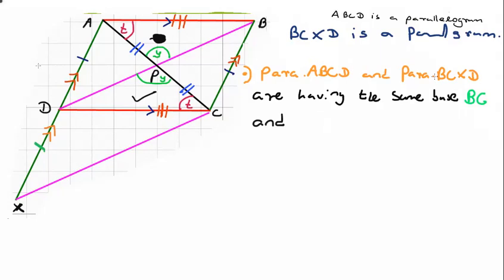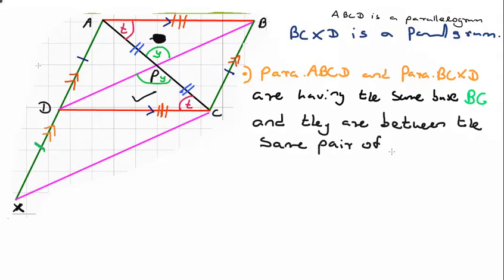Parallelogram ABCD and parallelogram BCXD are having the same base BC, and they are between the same pair of parallel lines. What's the pair?